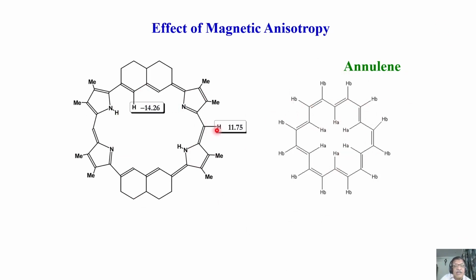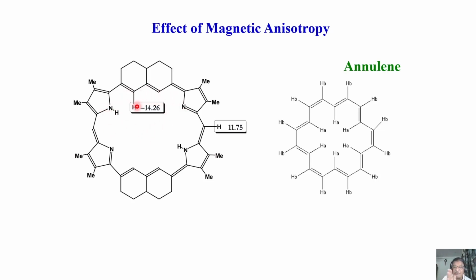Look at this one. The protons which are projecting outside come at very much downfield, nearly 11.75 ppm. Look at this proton which is inside. Here it is more shielded. The shielding effect is much more here. As a consequence, this proton comes at minus 14 ppm.